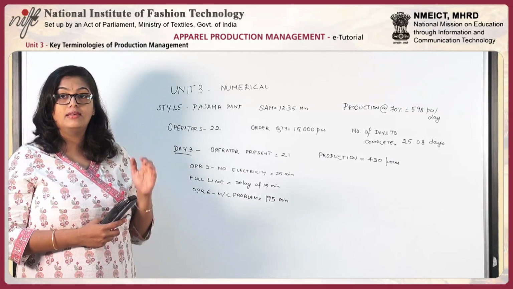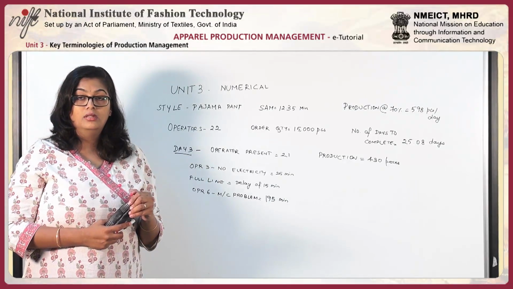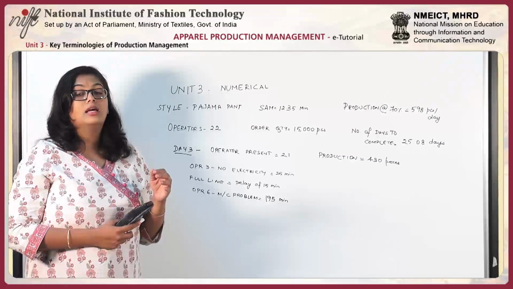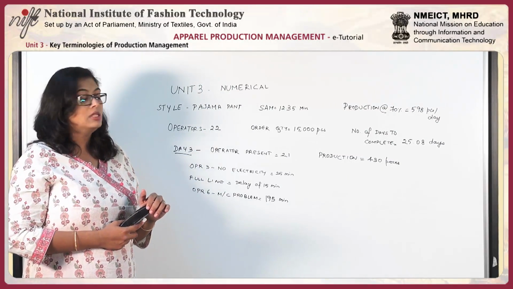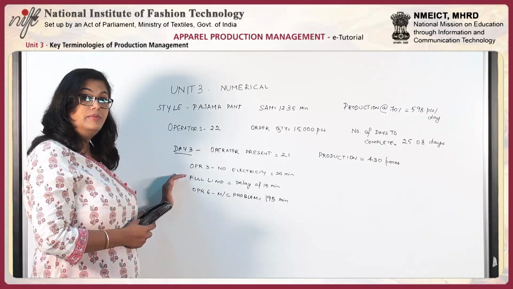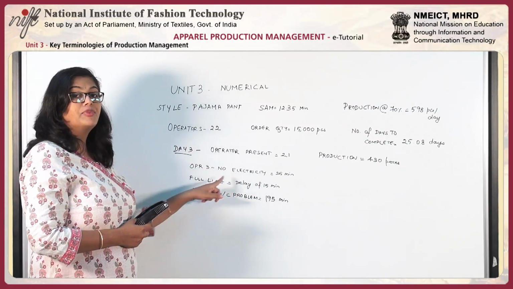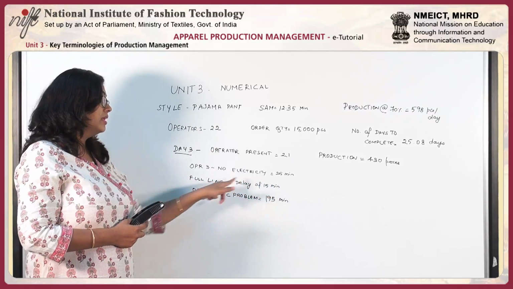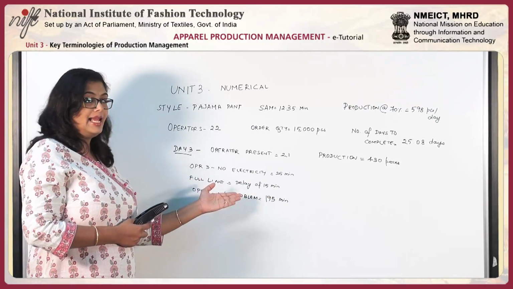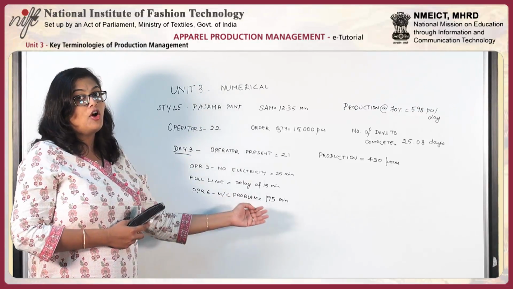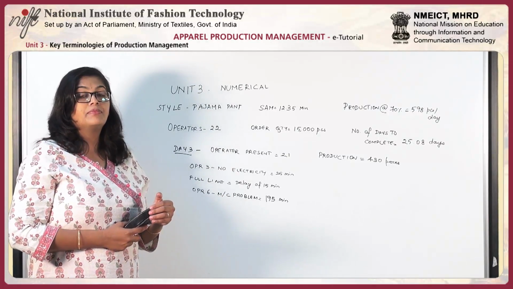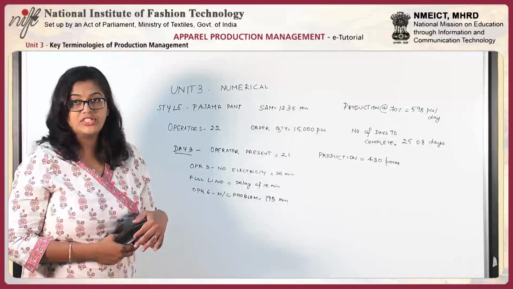Off-standard time is that particular time due to which there is no value adding process inside the line. So, here if you look at it, this electricity delay of 25 minutes, full line delay of 15 minutes and machine problem of 195 minutes is considered as off-standard.